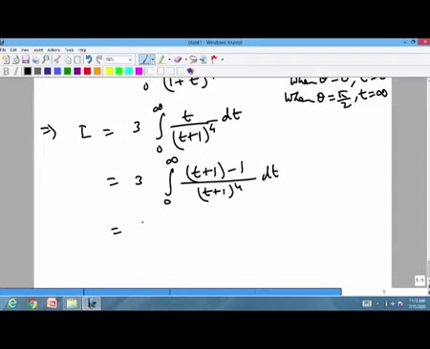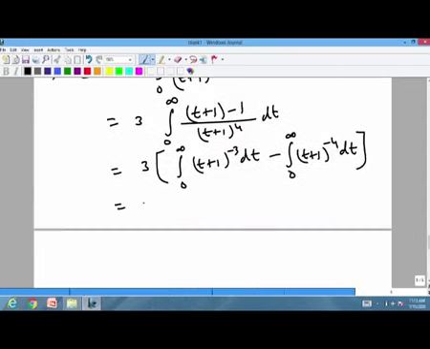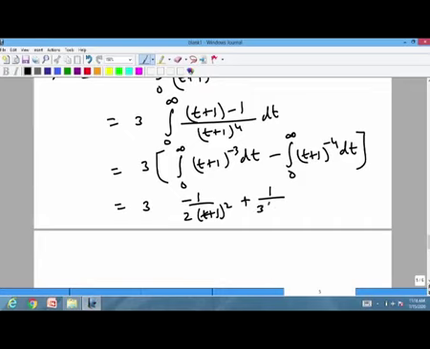So, this is equal to 3 times [integral 0 to infinity of (t plus 1) raised to power minus 3 dt minus integral 0 to infinity (t plus 1) raised to power minus 4 dt], which is equal to 3 times [minus 1 by 2(t plus 1) square plus 1 by 3(t plus 1) cube] from 0 to infinity.